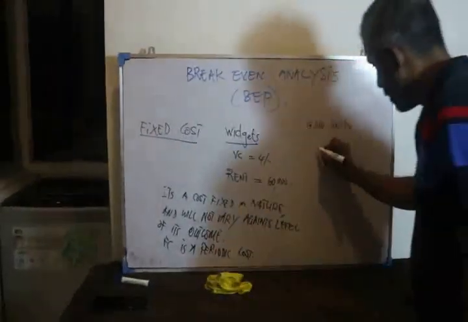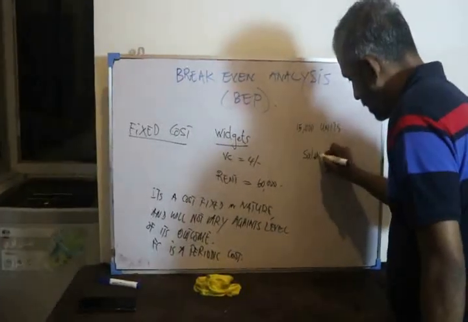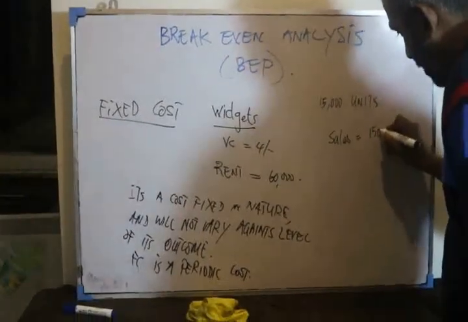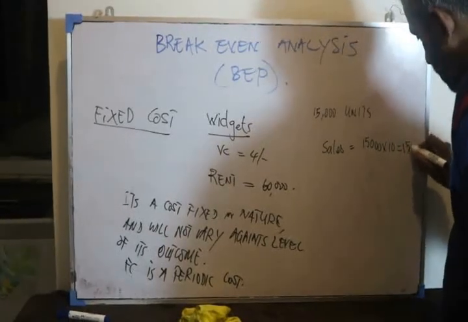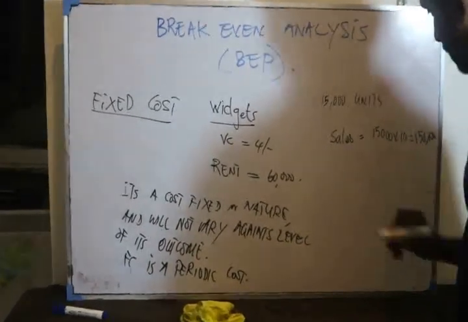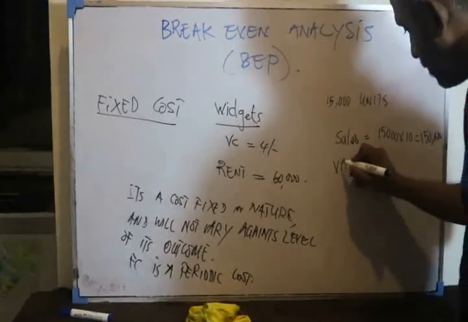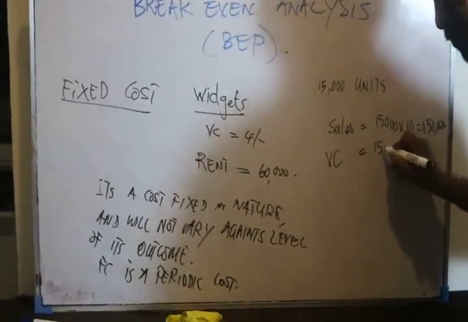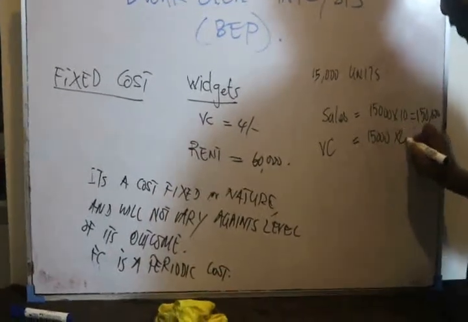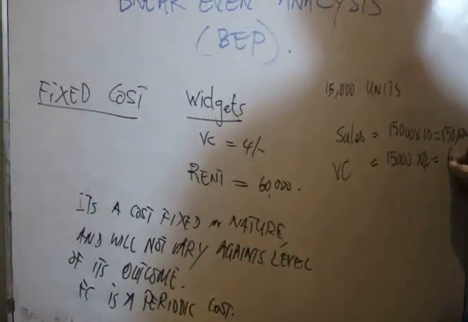So let's calculate the sales. Sales will be 15,000 into 10, 150,000. Variable cost will be 15,000 units into 4, that is 60,000.